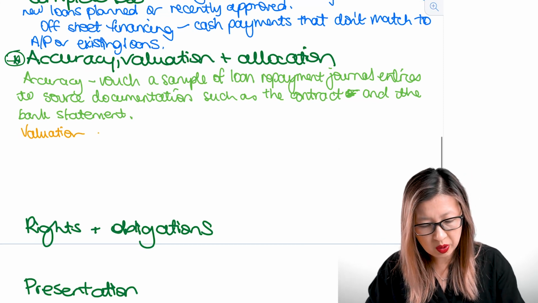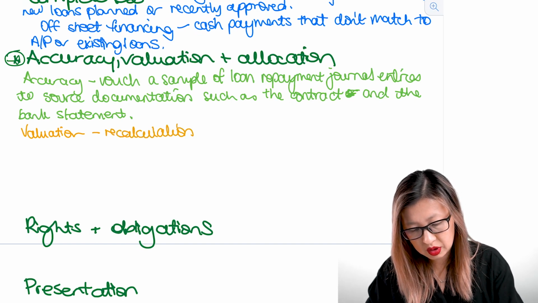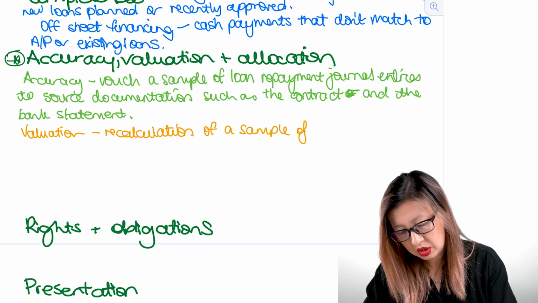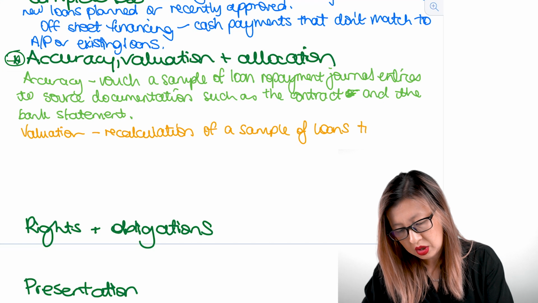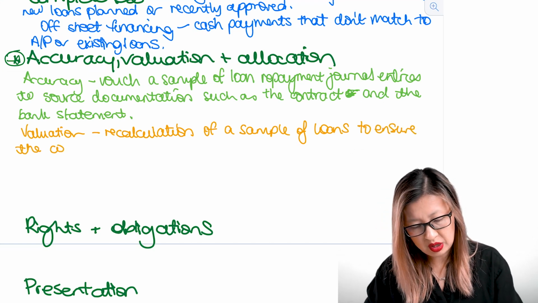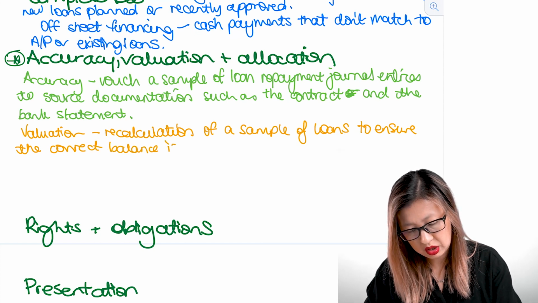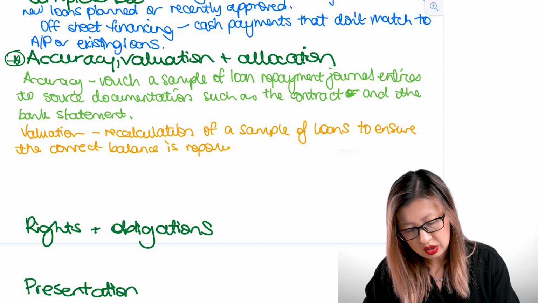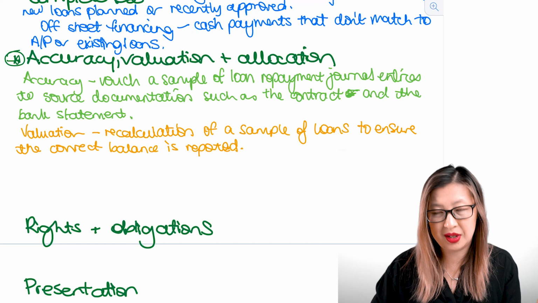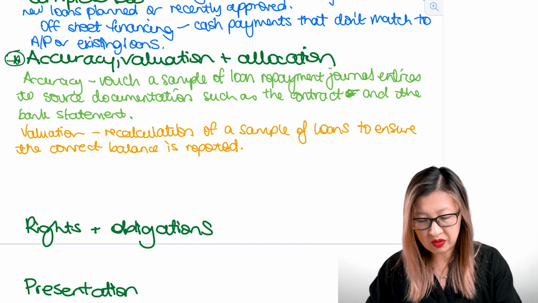So we're going to need to do a recalculation of a sample of loans to ensure the correct balance is reported. You want to make sure they're not doing things like trying to capitalize interest or anything else that's a little bit shady.